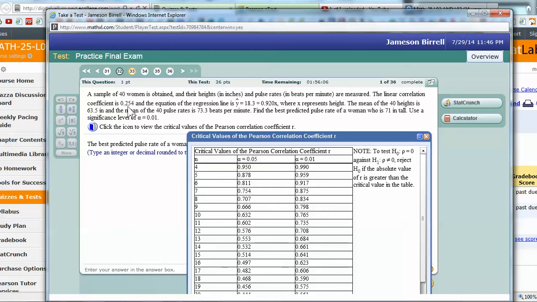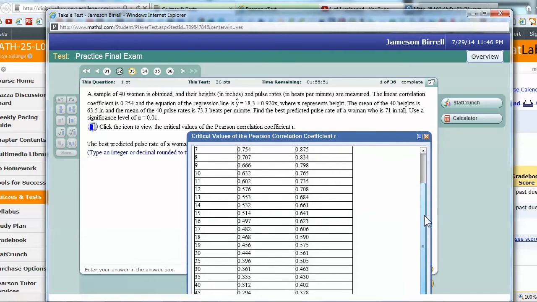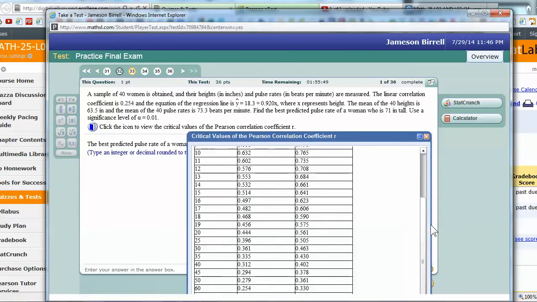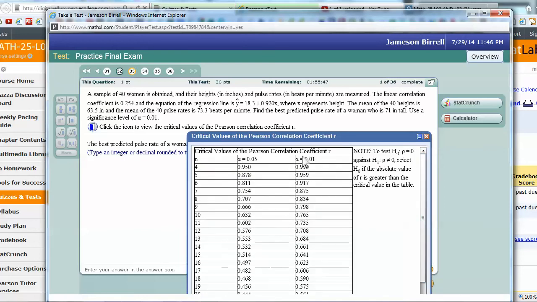It was 254 thousandths. The sample size is 40. Oh, it said right there in the beginning. Going down to 40. I'm looking down the second column because that's where the significance level is 1%.